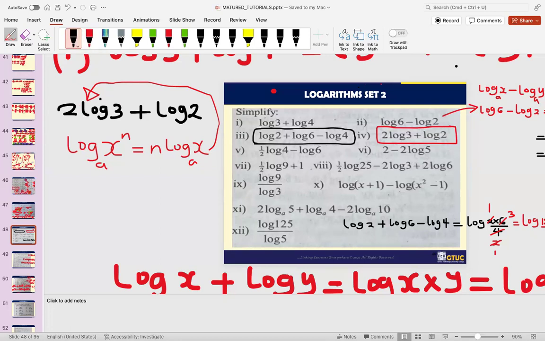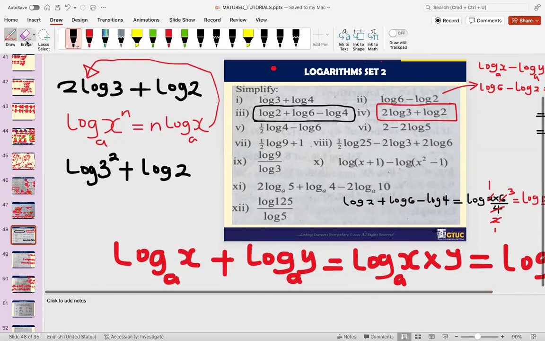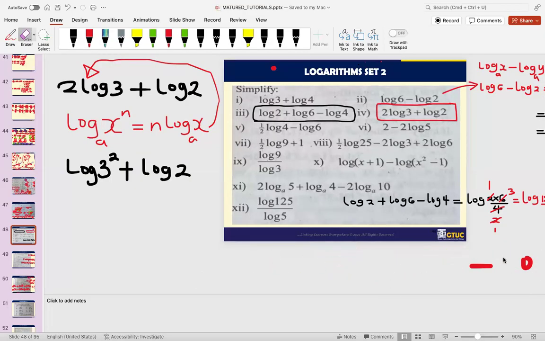And so in rewriting this one, we can rewrite it as log 3, and then the 2 will go and sit on top, raised to the power 2, plus log 2. Right? So from here, we now see that there's no number at the back of any of the logs. So we can go ahead and apply the laws.